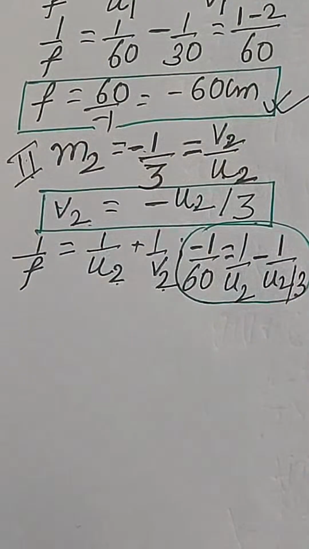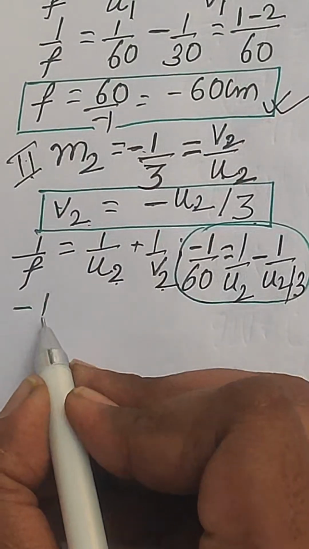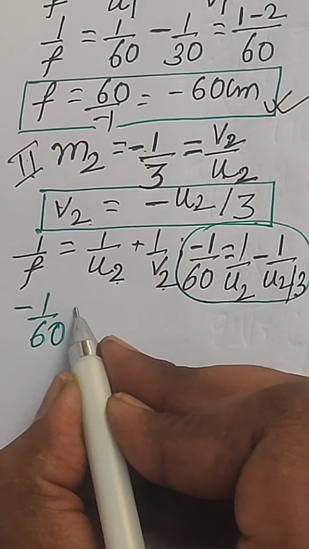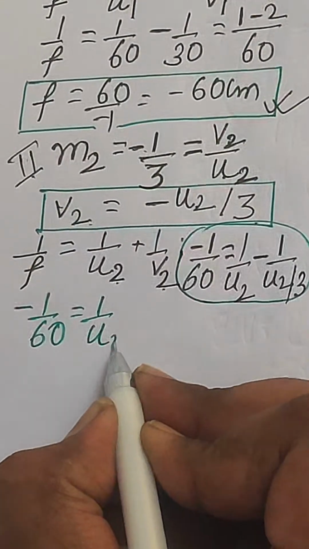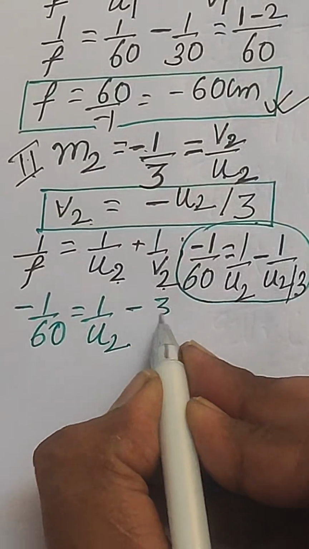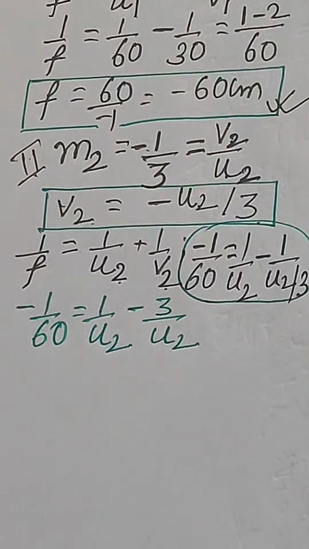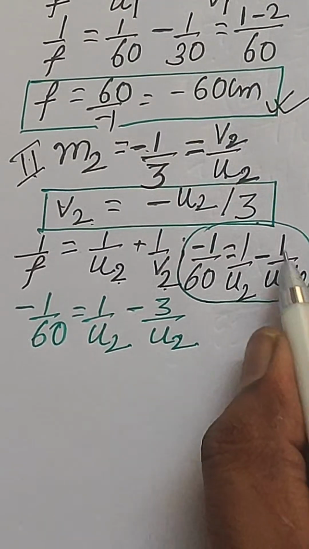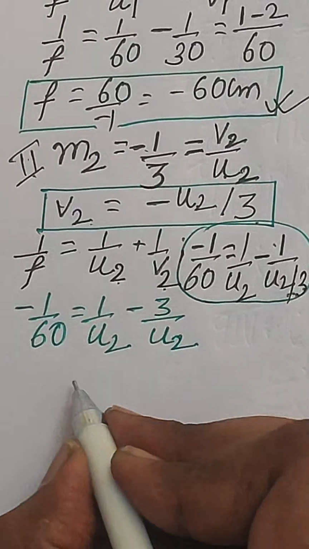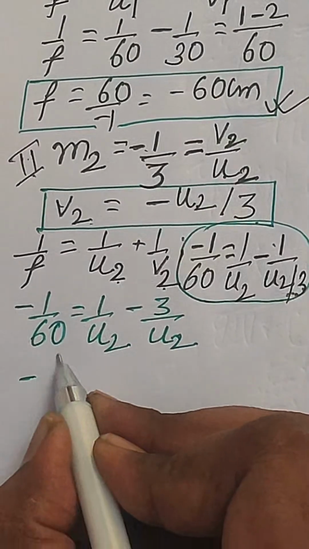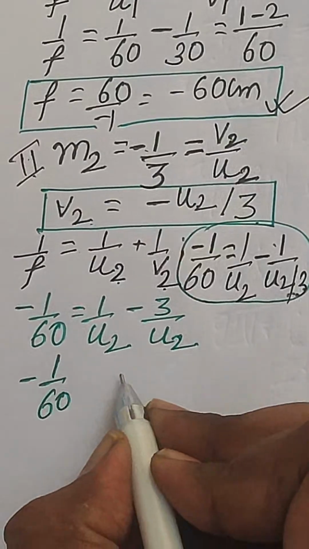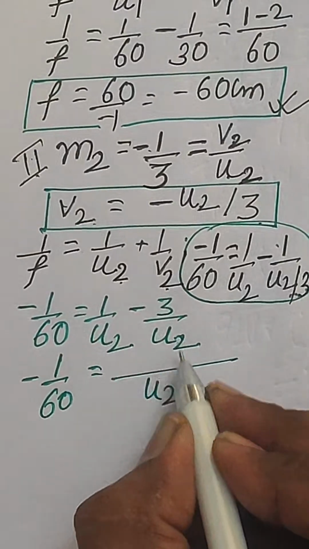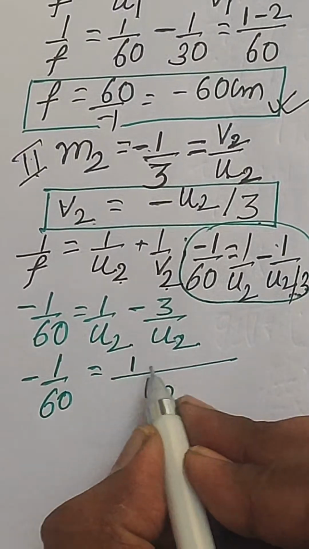So this will give you minus 1 by 60 is equal to 1 by u2 minus 3 by u2, isn't it? Because this 3 will go into the numerator, and this will give you minus 1 by 60 is equal to, taking u2 as LCM, 1 minus 3.